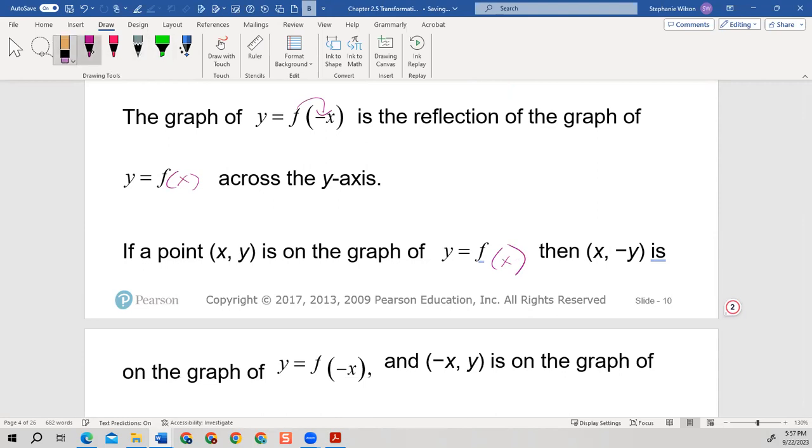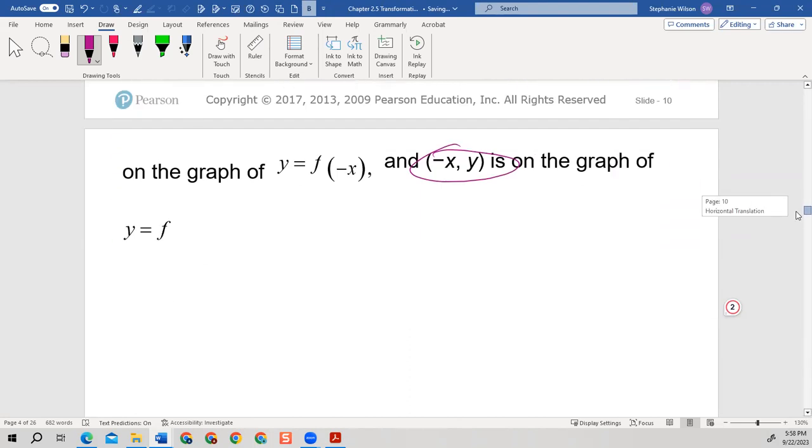Okay, so then we have this ordered pair here of positive x comma negative y. And then we can flip it and we have a negative x comma y. If we have this, then we have a reflection, right? About the origin.